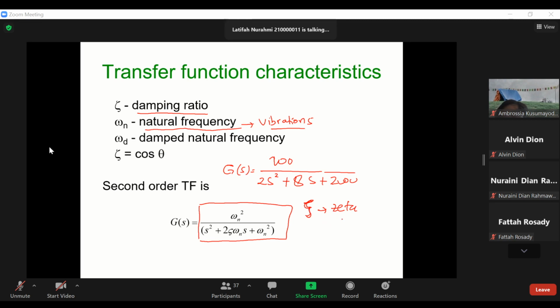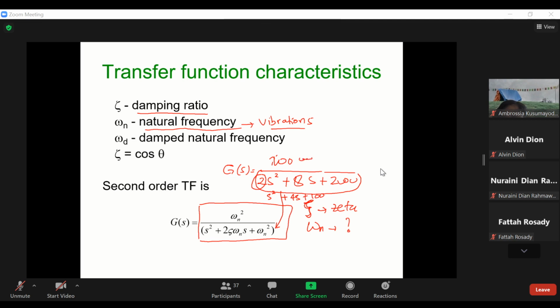Okay, find what is zeta, what is damping ratio, what is omega n. Can you find it immediately with this form of equation? No, you have to make it exactly this way, which means the coefficient of s squared should be 1. Then you will have s squared plus 4s plus 100. Okay, and this becomes also 100.